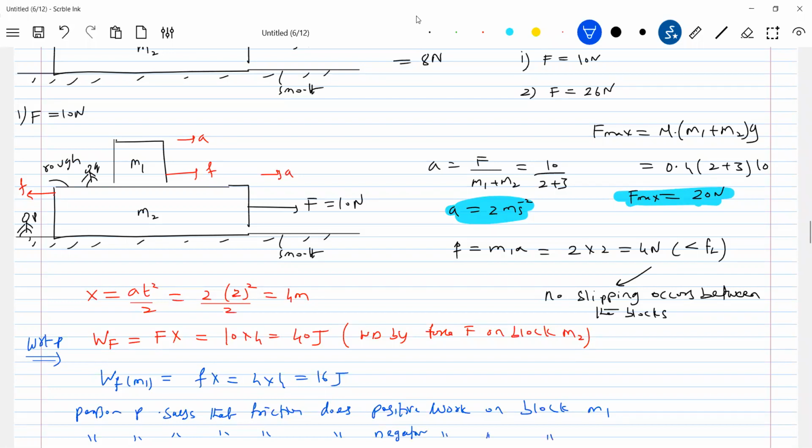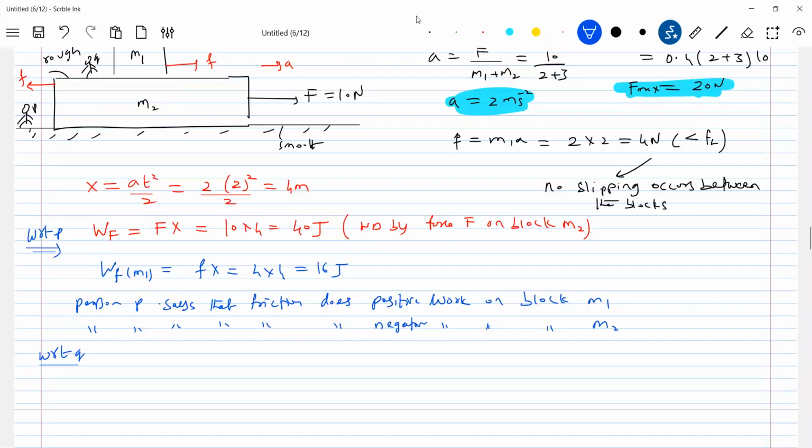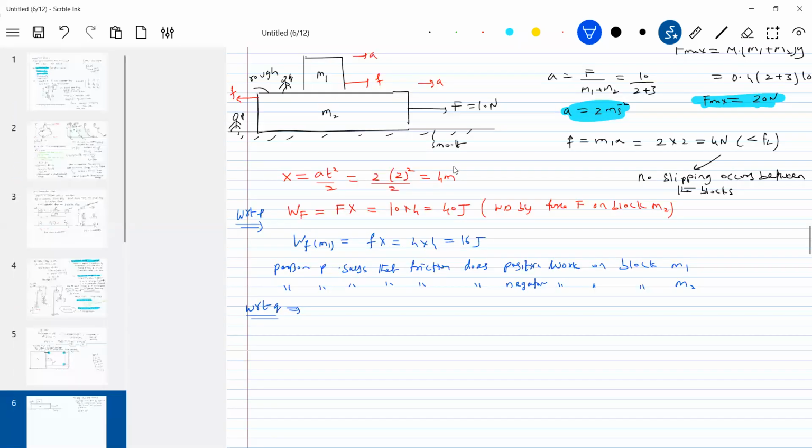Okay, let's come to person Q. The same situation. Now let me bring the idea with respect to Q. I think you are able to see the complete diagram.